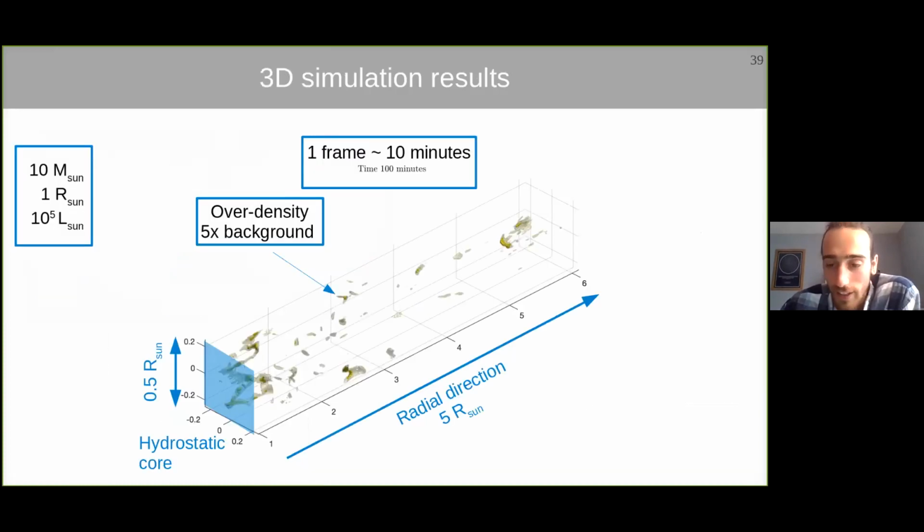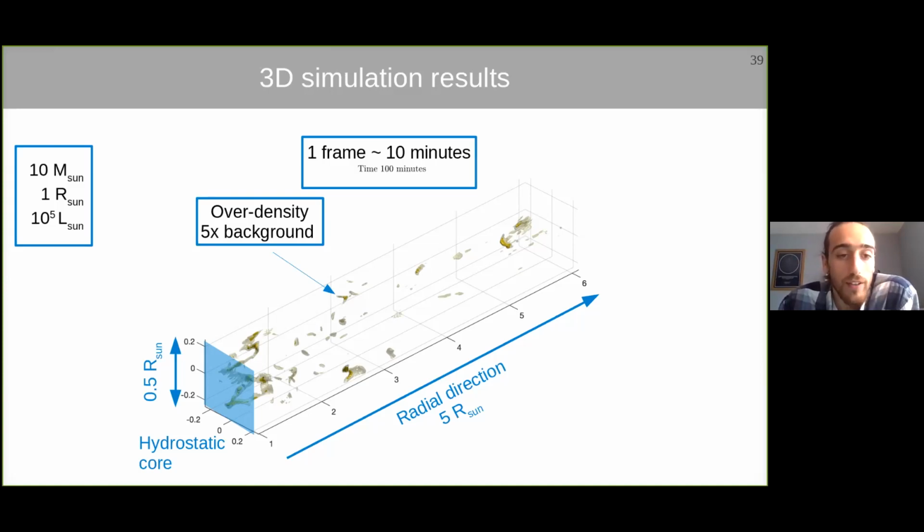So again, I will show you a small video of one of our 3D simulations. Here we have exactly the same setup, but now in 3D. We model a 10 solar mass star with a 1 solar radius hydrostatic core and 10^5 solar luminosities at the bottom. The radial extent of the domain is again 5 solar radii, and half a solar radius wide in both lateral directions.